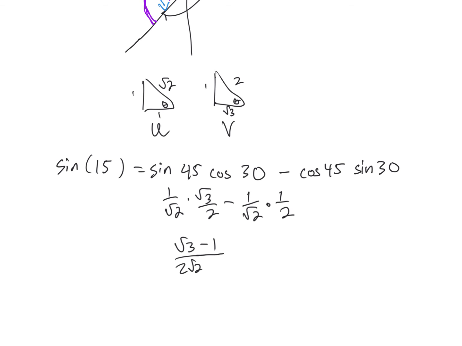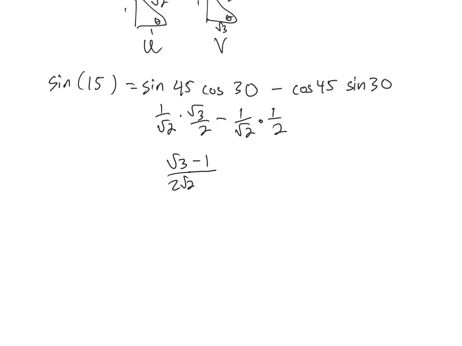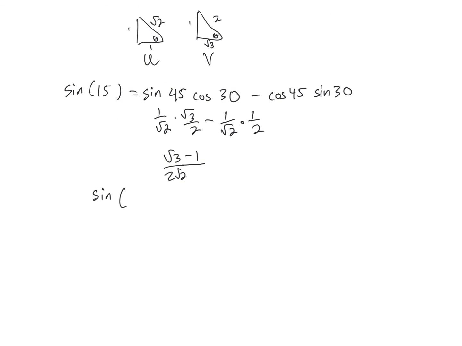And that is my sine value there. And then I have to consider, this is my third quadrant. Third quadrant, my sine value has to be negative. So my answer is actually negative root 3 minus 1 over 2 root 2.